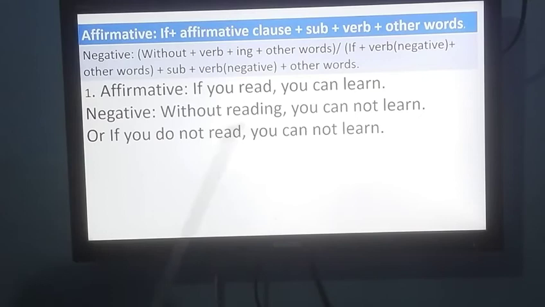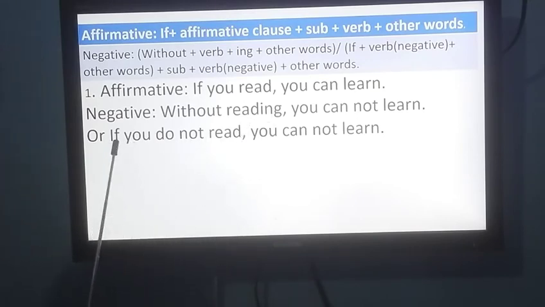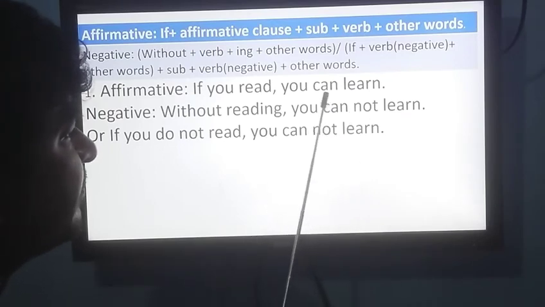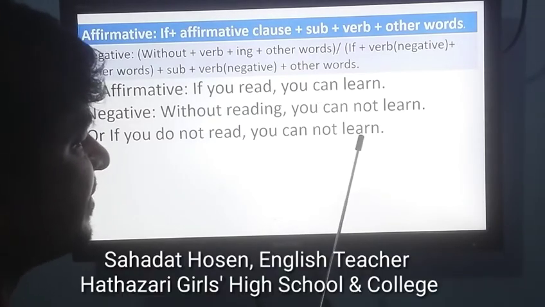So you can make the sentence negative in another way. See, "if you", then negative verb, "do not read", then subject plus negative verb, the verb "can" has become negative, "cannot", then the other word of the sentence, "learn".